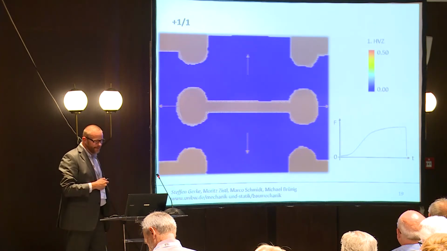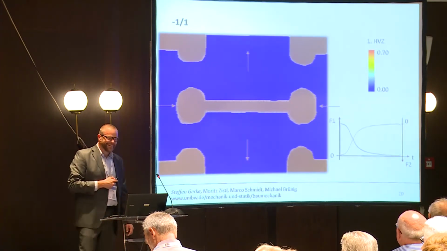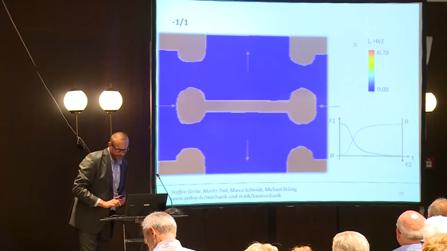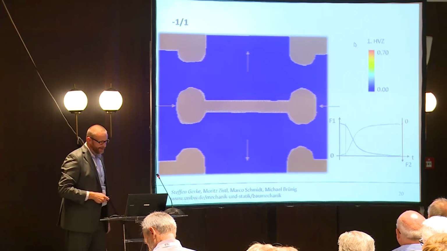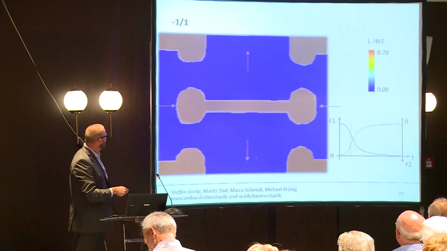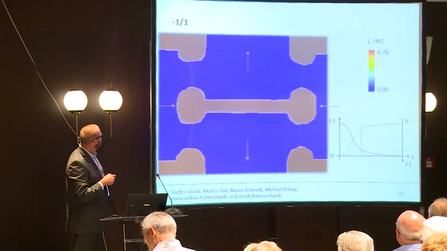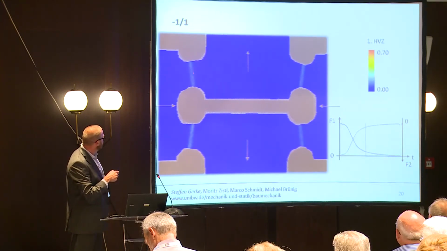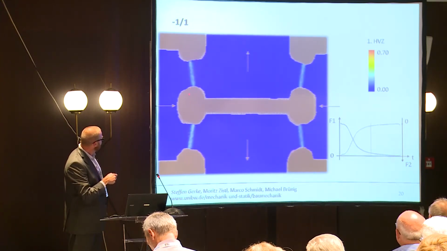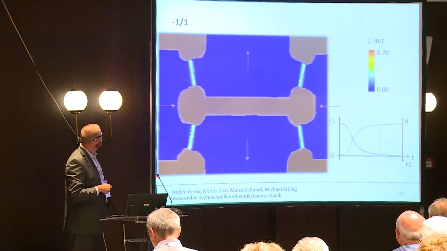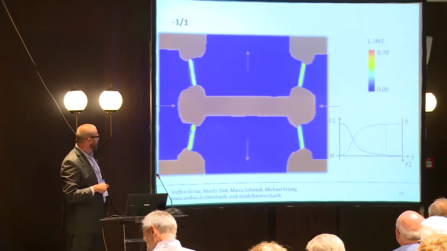I will skip one of the movies because I have only 1 minute, and try to start this movie. Yeah, it's loaded in tension in this direction and compression in this direction, and you can see shear bands or deformation going on here, pretty homogeneously. And finally, fracture.